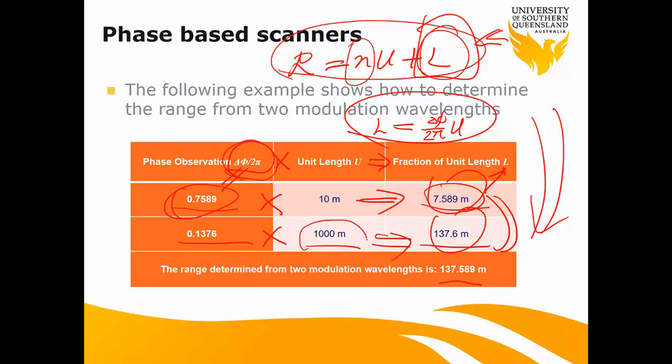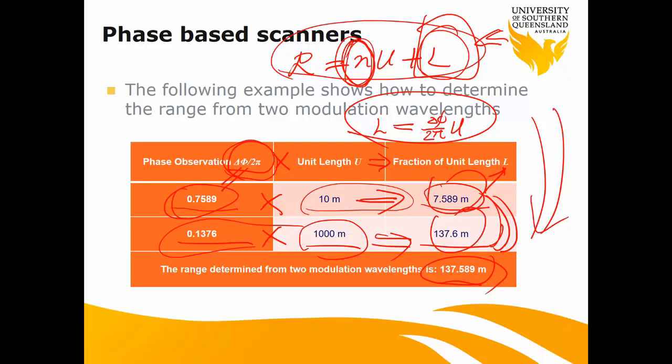The coarse range comes from the low frequency modulation wave. The accurate part of the range was measured from the high frequency modulation wave. Combining the fraction of the unit length, we get the final result. EDM actually uses the same principle. In this way we avoid directly measuring the ambiguity number.